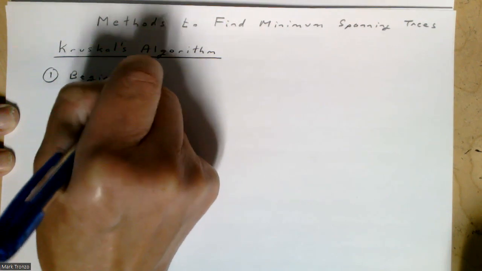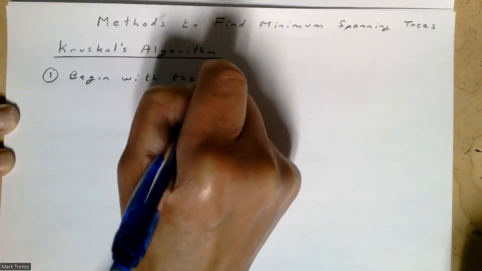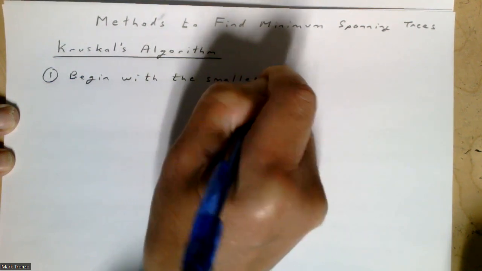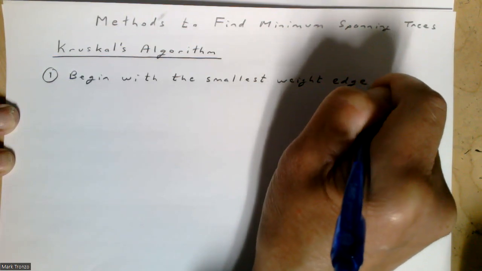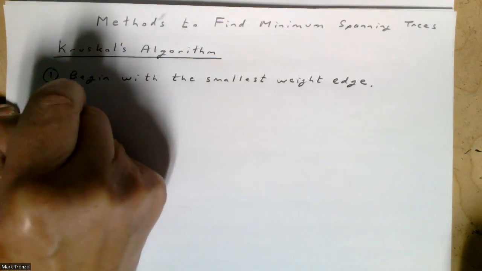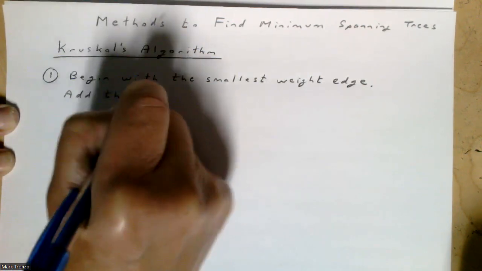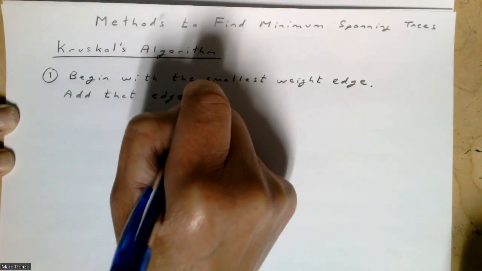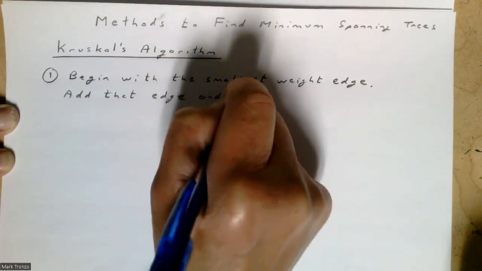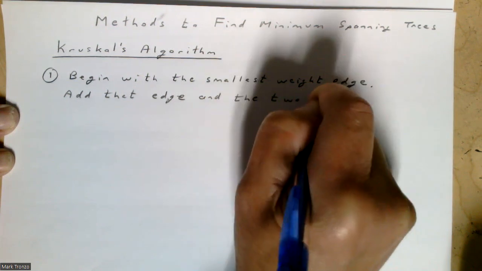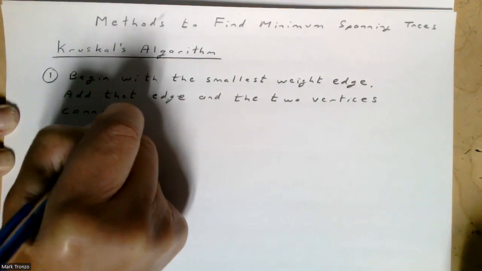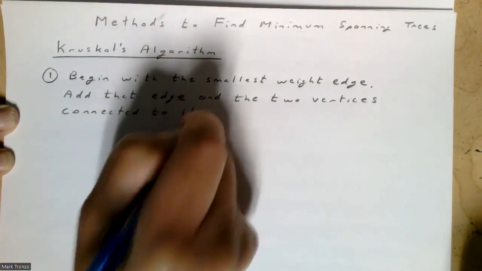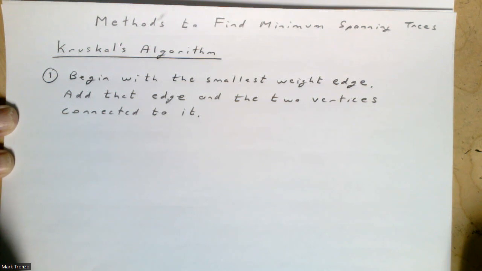Begin with the smallest weight edge, and add that edge and the two vertices connected to it.